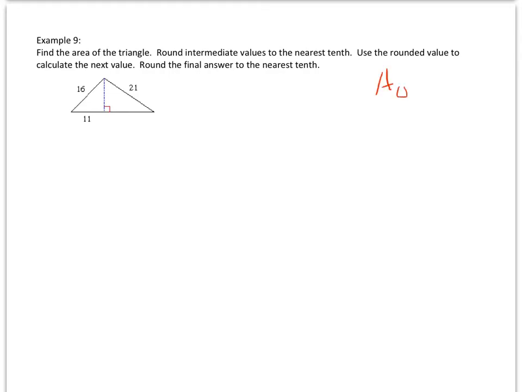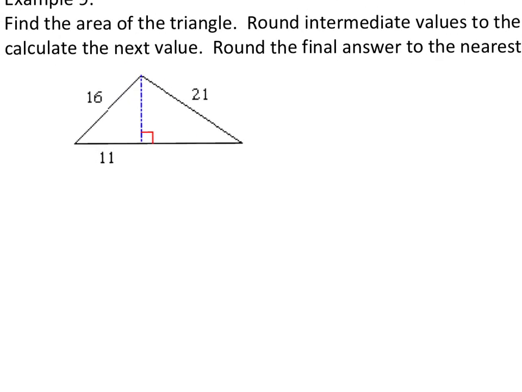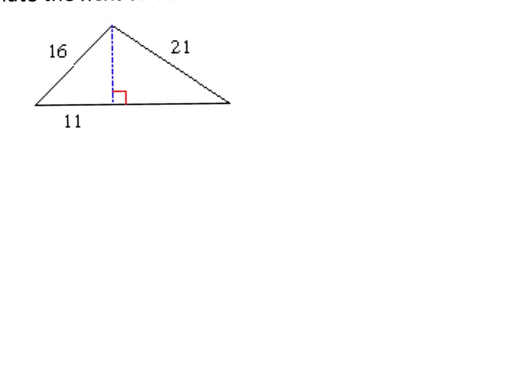The area of a triangle is equal to base times height divided by 2. Now the base is right here, and the height is right here, and we do not know either of them. We know parts, but not the whole thing.